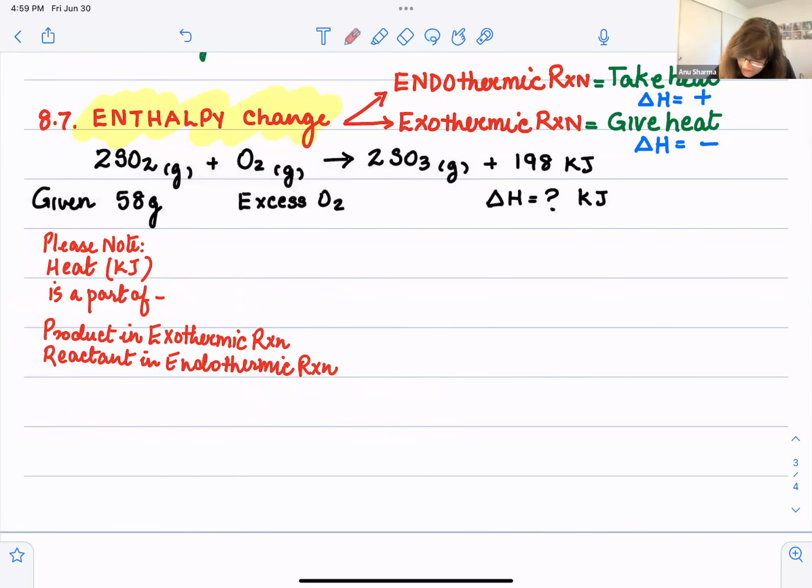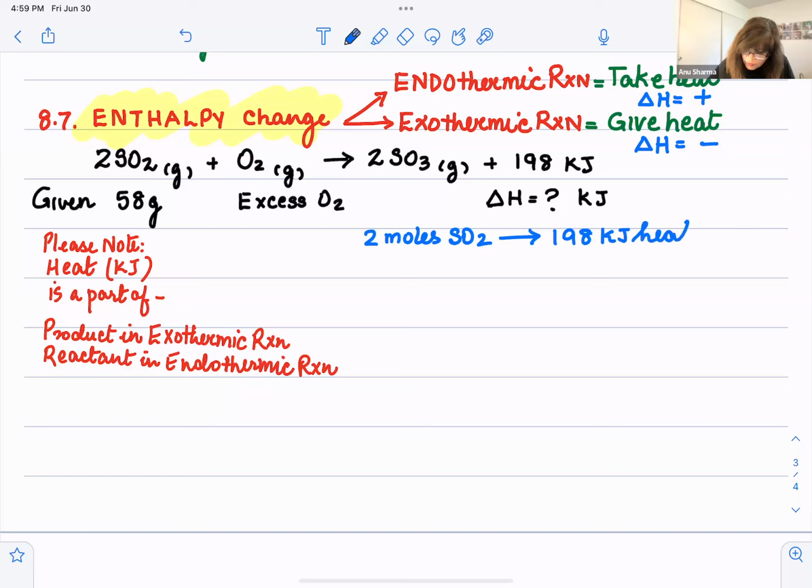All right, here we have a scenario where they're asking you to find how much heat is released when 58 grams of sulfur dioxide reacts in excess. Once again, in this case it's simple. You're going to take the mole-to-mole ratio with the heat. 2 moles of sulfur dioxide produce 198 kilojoules of heat.